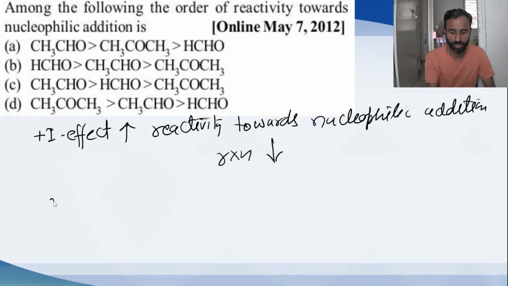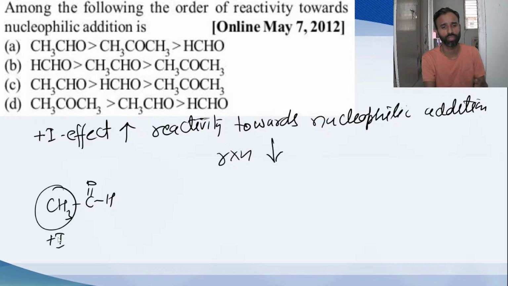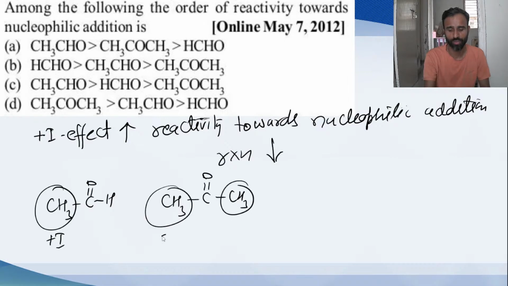So see, one is CH3CHO. It has one methyl group, it has plus I effect. Acetone has two methyl groups having plus I effect, and at the same time steric hindrance.